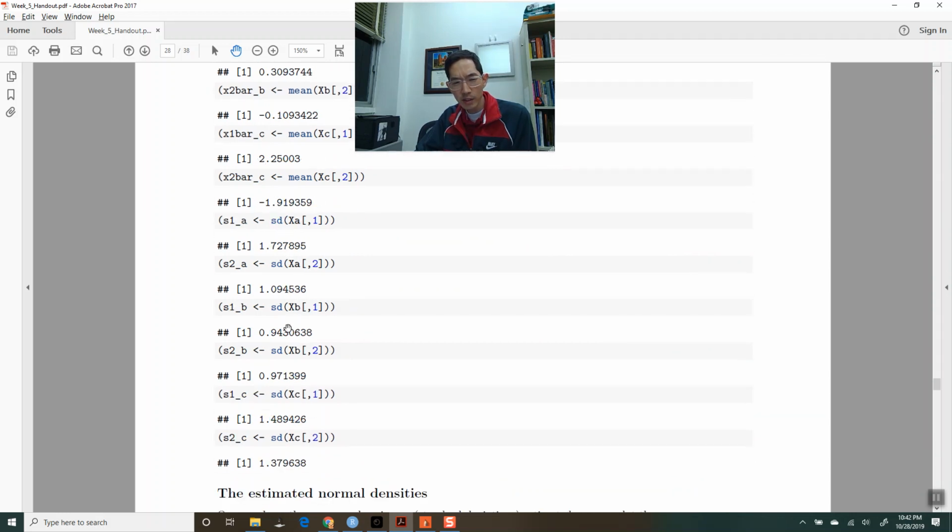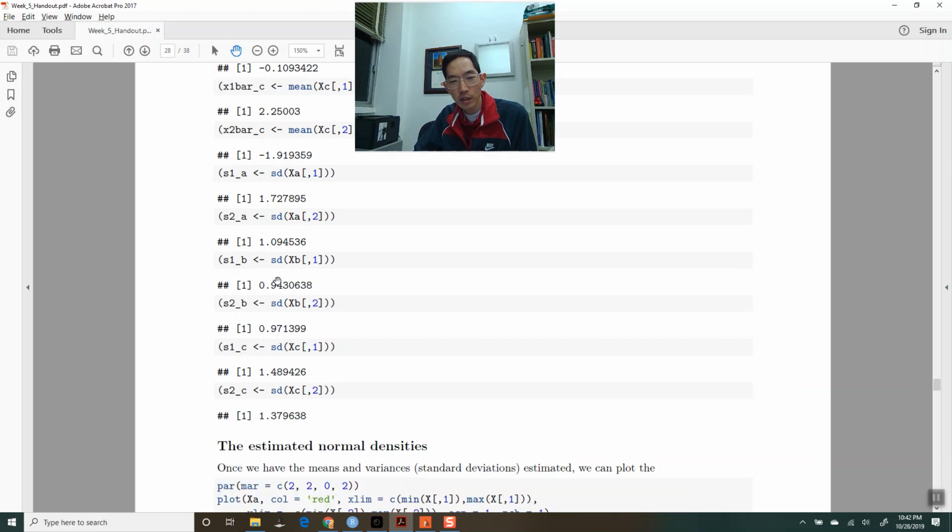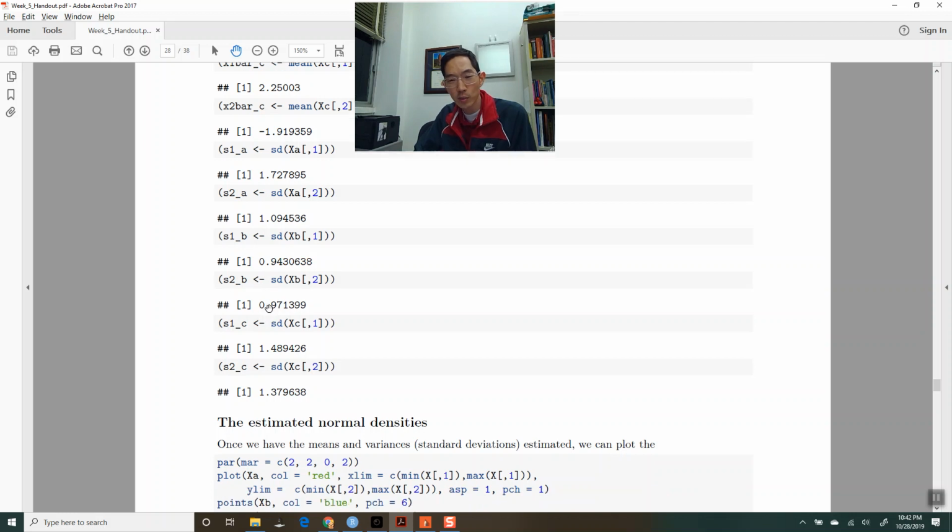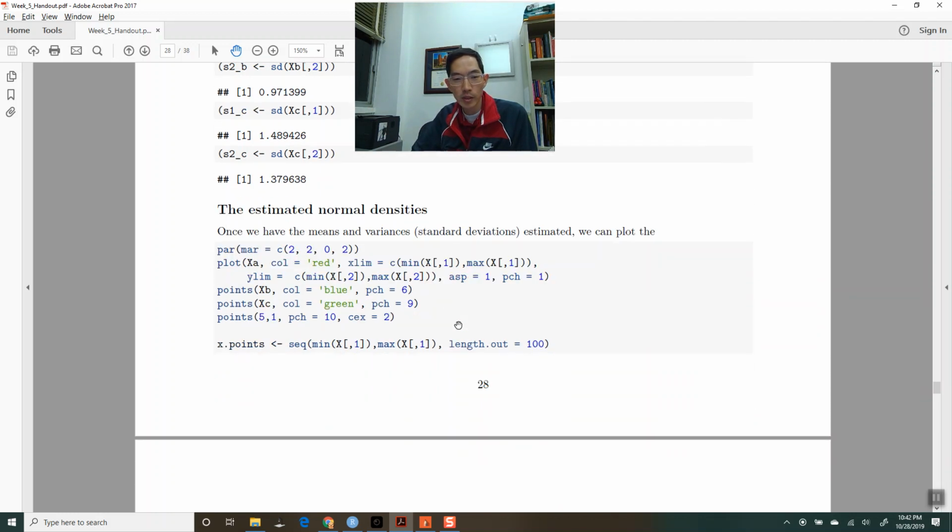It looks like a lot of stuff going on here, but effectively I'm just taking each column one at a time and calculating the mean and standard deviation of each of them: column 1 standard deviation for class A, column 2 standard deviation for class A, column 1 standard deviation for class B, column 2 standard deviation for class B, and so on. I do that for all of the classes and all of the variables, one at a time. There's no covariance for me to estimate.